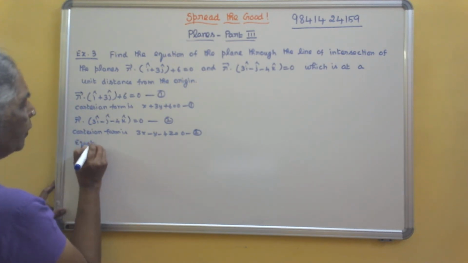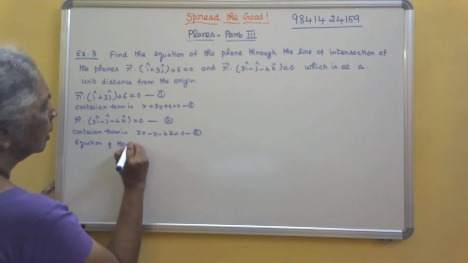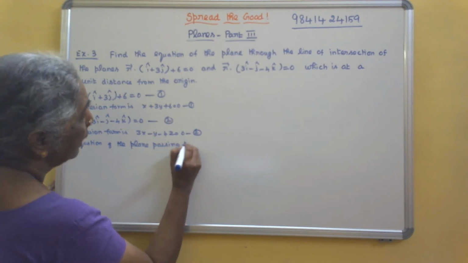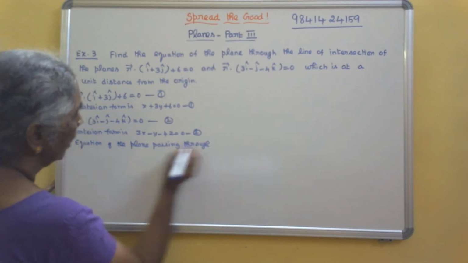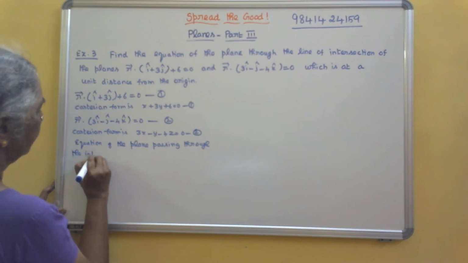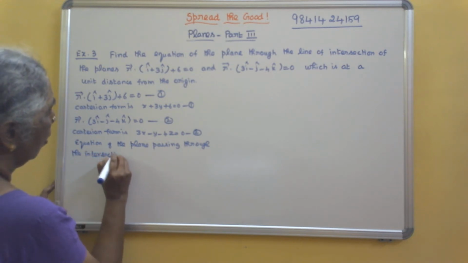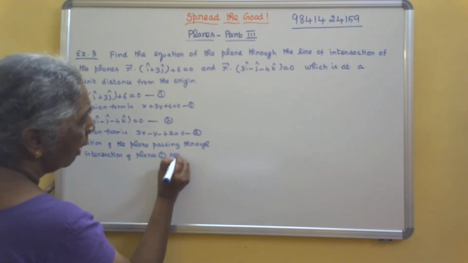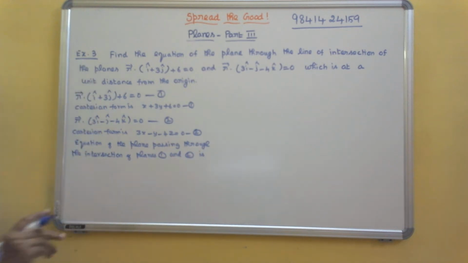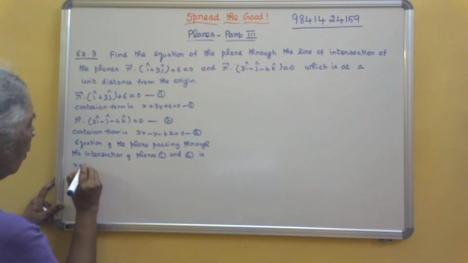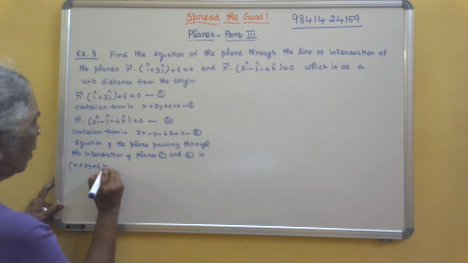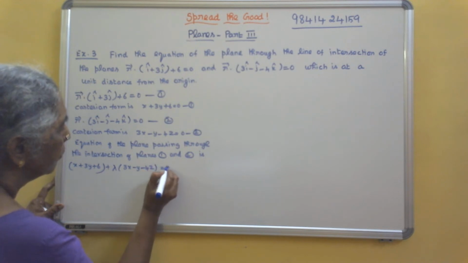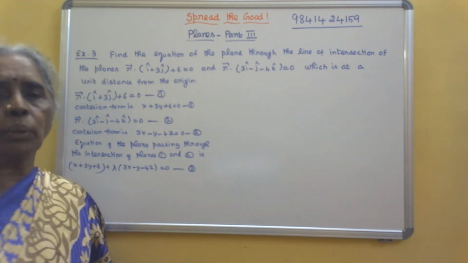The equation of the plane passing through the intersection of planes 1 and 2 is: write the first equation, x plus 3y plus 6, plus lambda times the second equation. This is plane 3, and lambda is what you are going to find out.